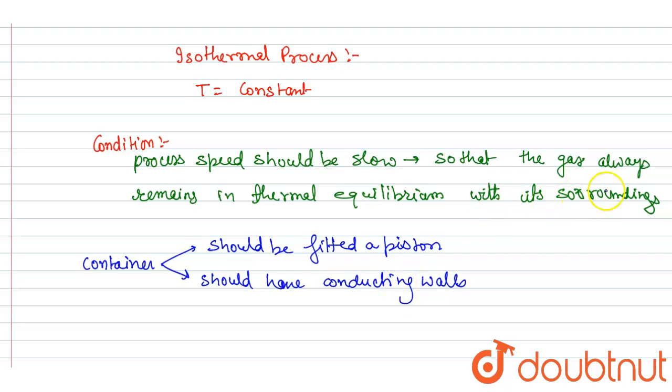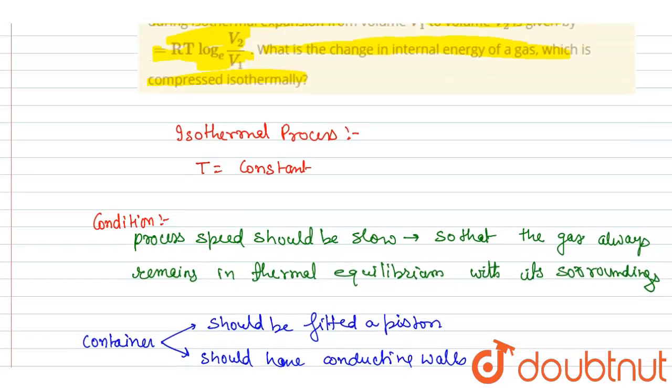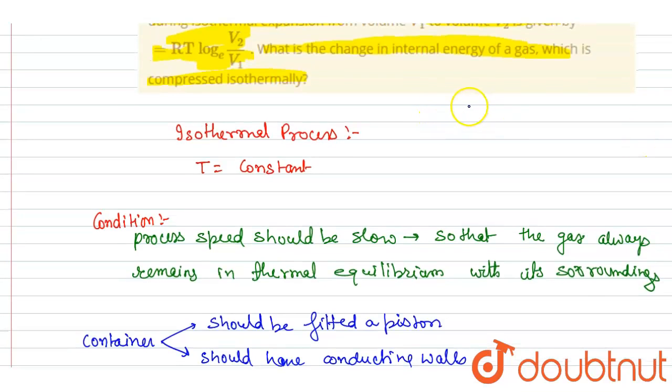And if you see the first law of thermodynamics, whatever heat you give is used for change in internal energy and doing work. Here the temperature is constant, so the change in internal energy is f by 2, the degree of freedom by 2, times delta T, which is 0.